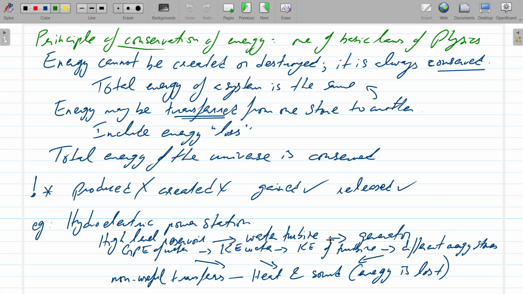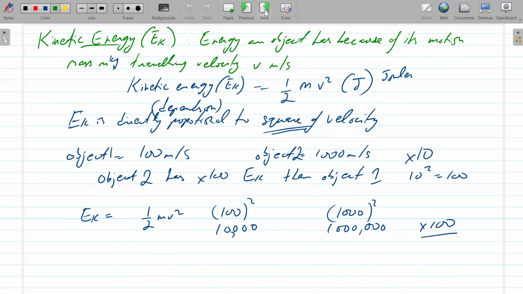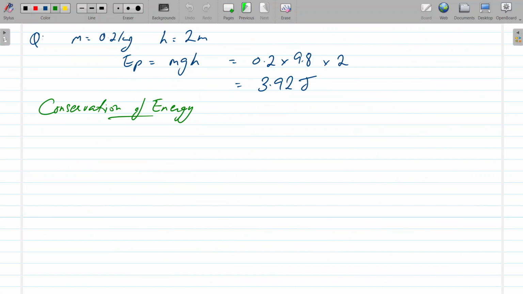So heat, physical, mechanical work is done. Chemical energy is converted to heat, it's converted to light, it's converted to sound, maybe. Depends on what kind of energy transfer is happening. And so over here, we're going to start off with an object that has been raised to a height.